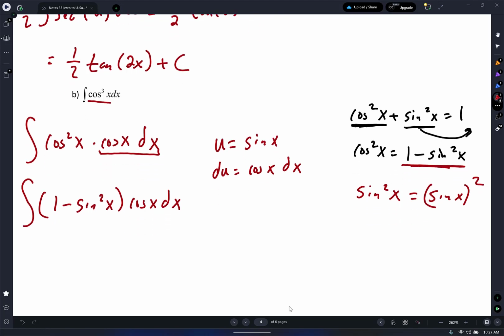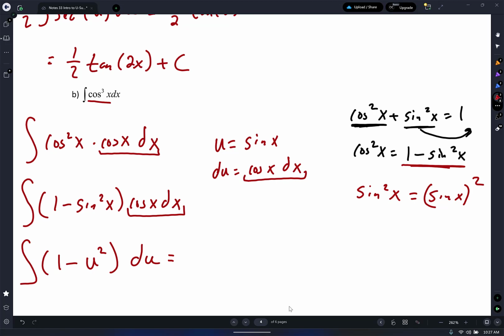All right, so here we go. Look, it works beautifully, guys. The cosine x dx is nothing more than du, and I'm going to replace the sine x with a u. Integral of (1 minus u squared) du. Doesn't that look a lot simpler? What's the antiderivative of 1?